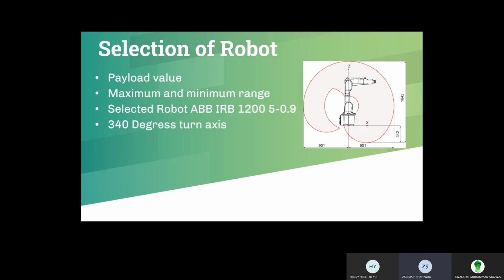After consideration, we came up with the robot that is the ABB IRB 1200. 5 is the payload value, and 0.9 means that it can reach 900 millimeters, and it has a 340-degree turn axis, which means that it can easily grab the components from its back.